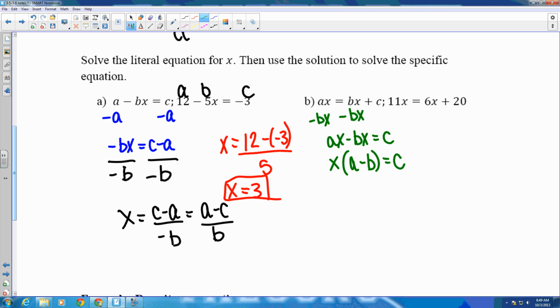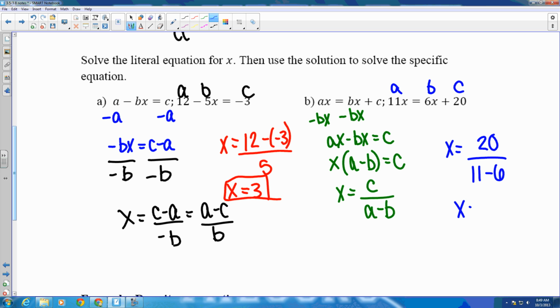So it does look a little bit different because we don't have numbers, but this is the hardest problem. And then divide. Okay, identifying a, b, c. X equals 20 over 11 minus 6, which is 4. Literal equations are not everybody's favorite, but they do work.